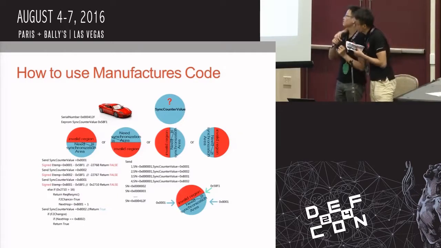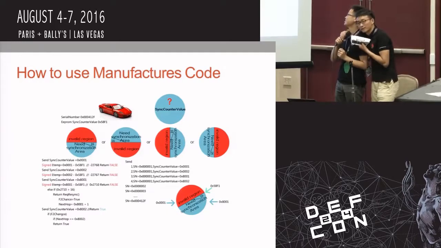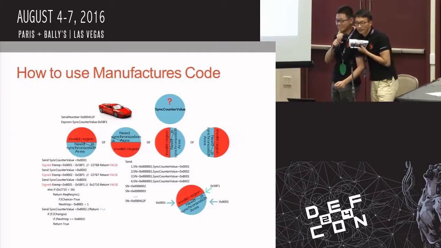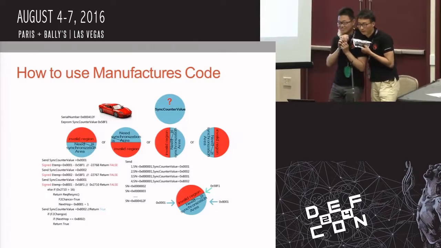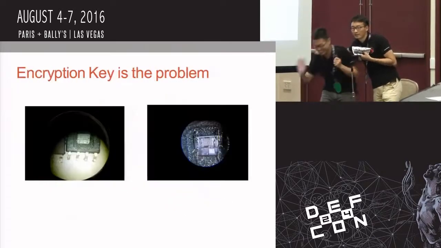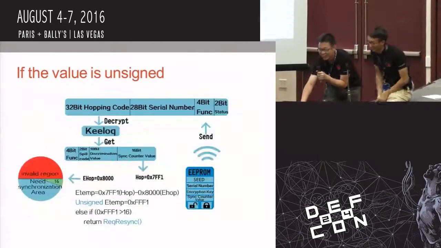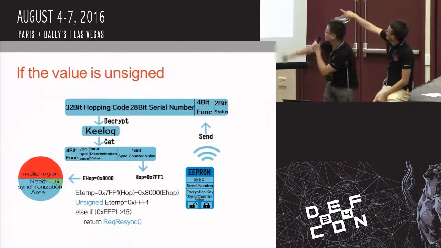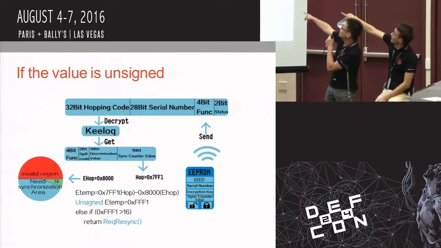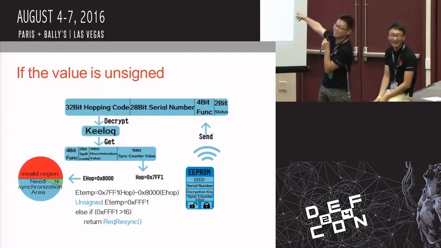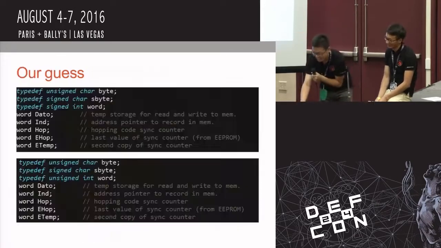Remember in the previous graph that the sync counter is sent in plain text, right? Does everybody remember that? In plain text. So we will just listen once, and we will get the serial number.